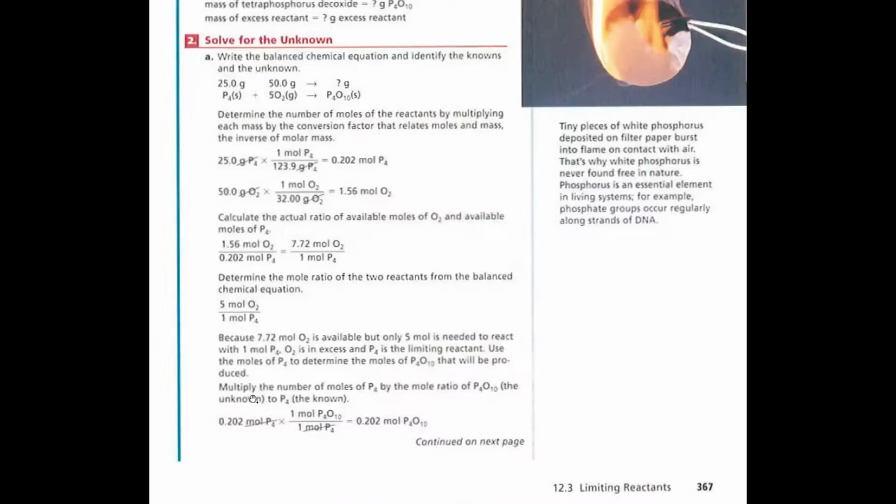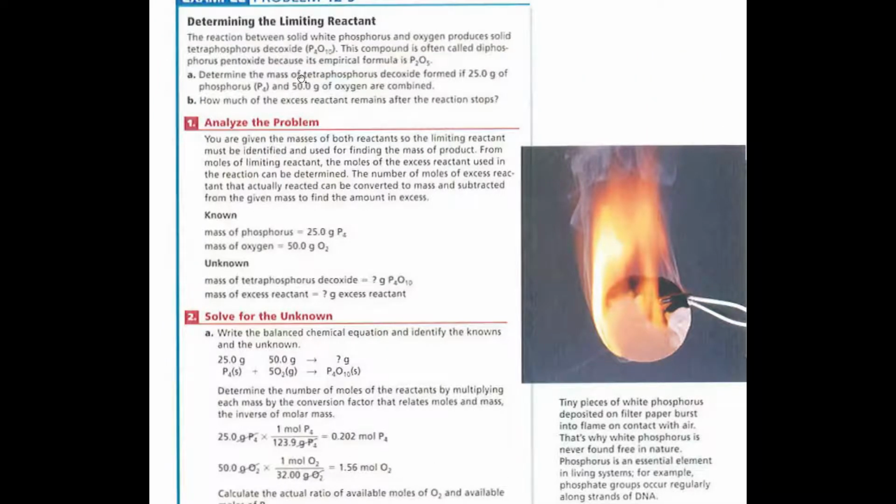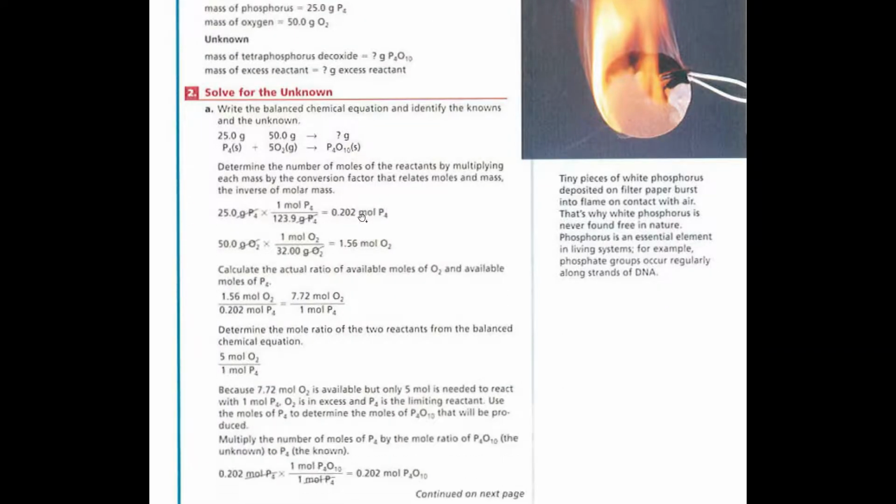Okay, so P4 is the thing we should focus on because that's our limiting reactant. So let's look at this again. If we had 0.202 moles of P4, and our question A says, how much of our product do we get? Well, we need to use a molar ratio comparing P4 to tetraphosphorus decoxide.